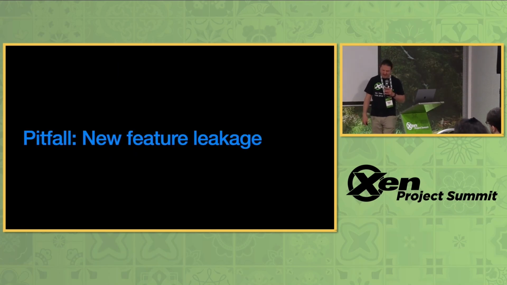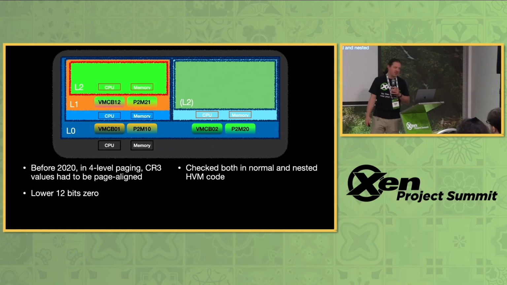Another pitfall, more important, is what we call new feature leakage. Before 2020, if you're running in 4-level paging, CR3 needs to be page aligned. That means the lower 12 bits of the actual address you're using are always going to be 0.